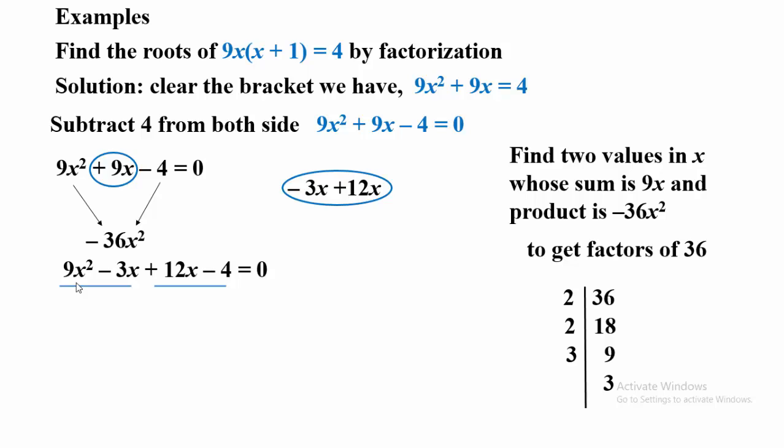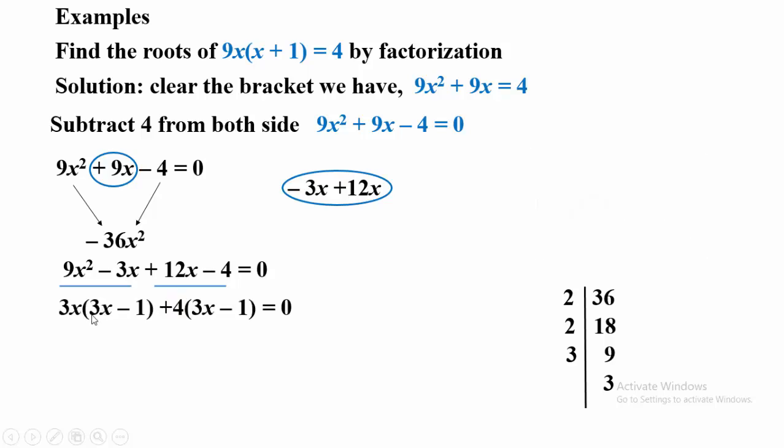At this point, we factorize these two parts. When you look at 9x squared minus 3x, the common factor here is 3x. When you look at 12x minus 4, the common factor here is 4. So we have 3x, open bracket, 3x minus 1, close bracket. And here we have 4, open bracket, 3x minus 1, close bracket, equal to 0.